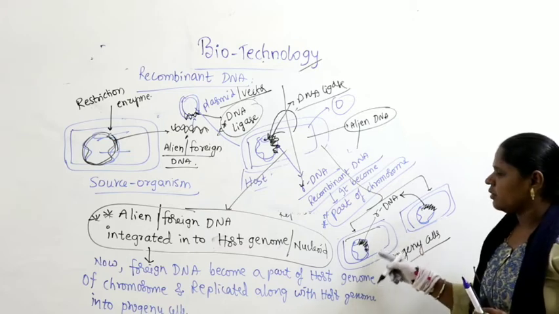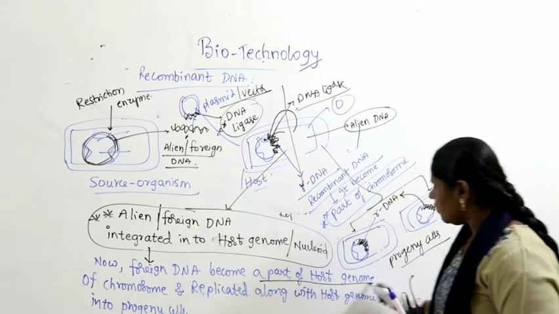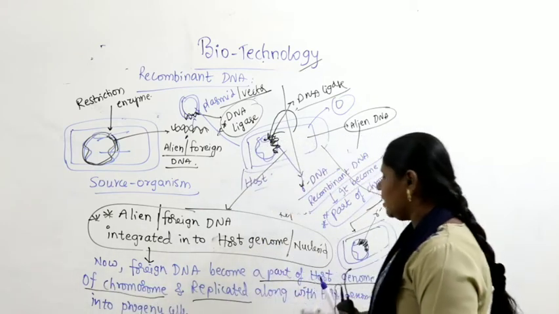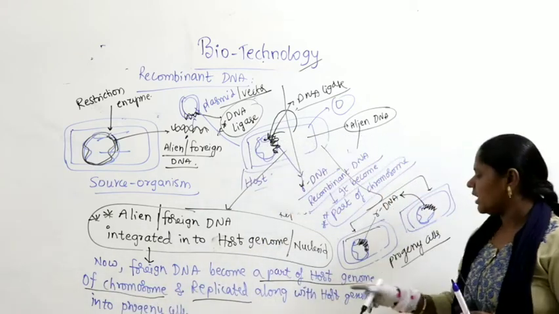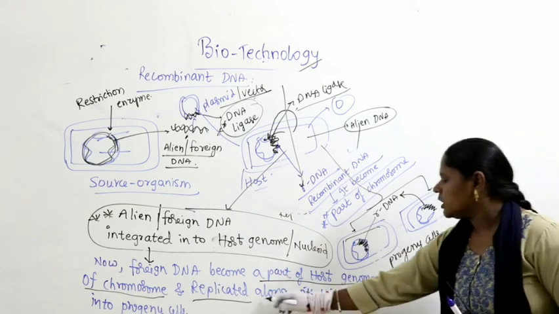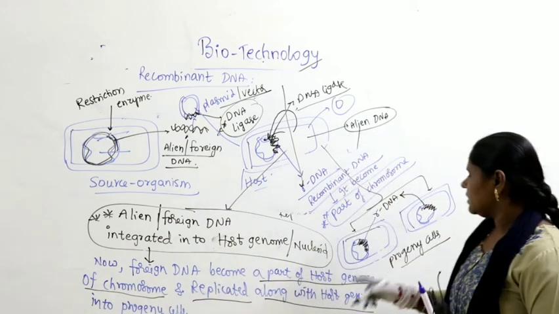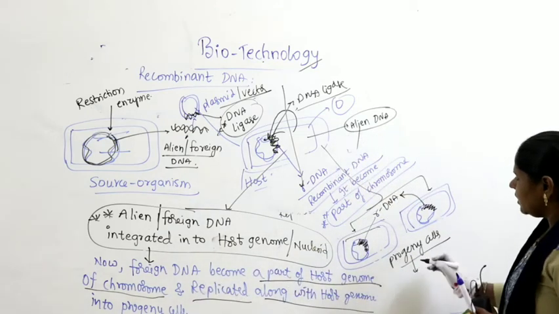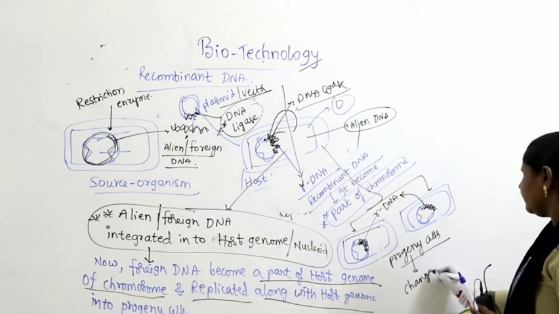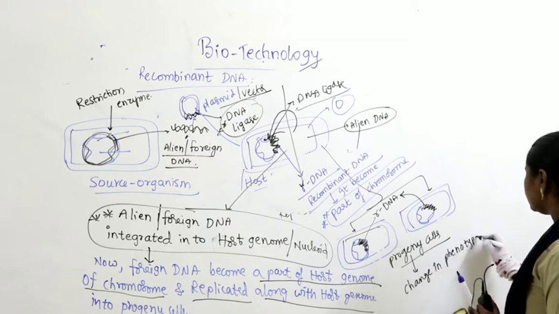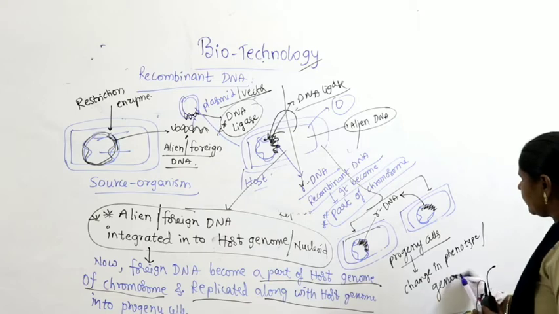When it became part of the host chromosome, it got the ability to undergo replication along with the host genome, and then it got introduced into progeny cells. Now in these progeny cells there is a change in phenotype as well as genotype.